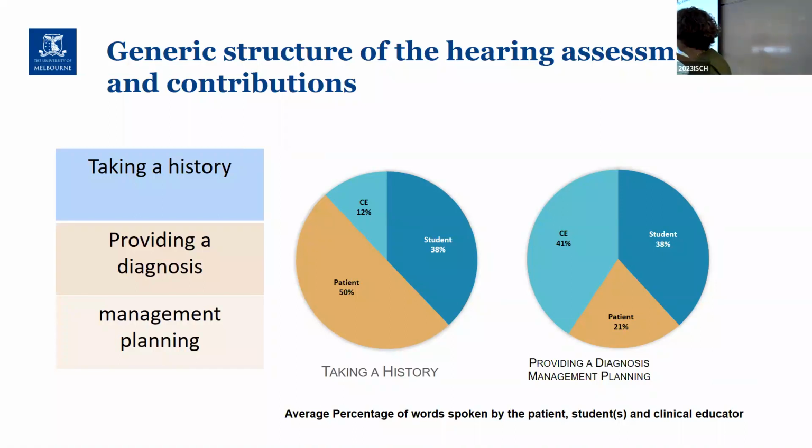So when we got down to providing a diagnosis and management planning, as you expect, the patient is speaking less, but still speaking. But the clinical educator has stepped in, in our 20 interactions, actually quite took over. The student would turn and say, "How am I doing?" And then the educator would turn and take over and end the interaction.